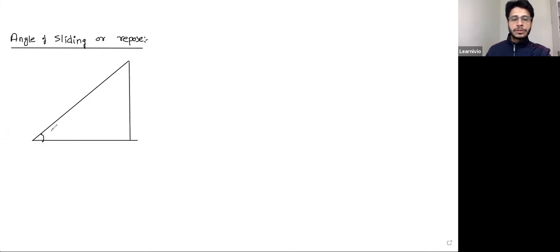The angle of inclination is alpha. I placed a body of mass m here. So this angle alpha is the minimum angle at which the body placed on it starts sliding down.